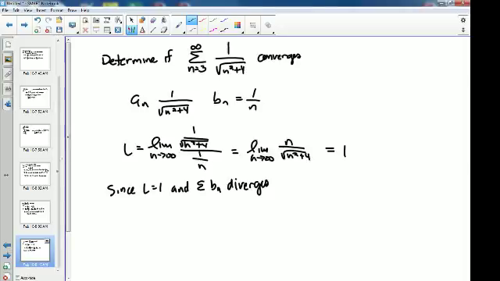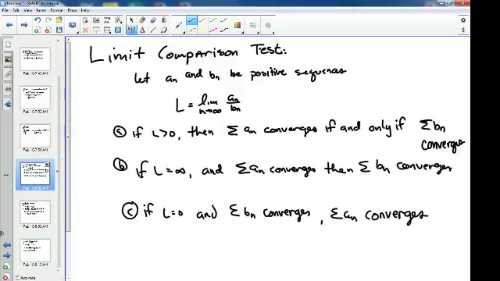Determine that. What does the test say? Remember that contrapositive I told you about? It works here. So they both have to diverge.